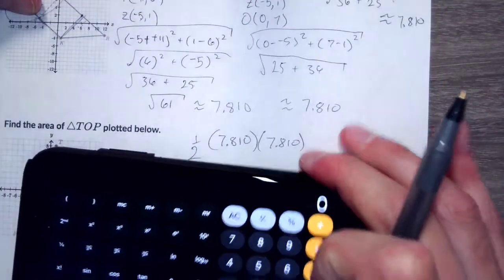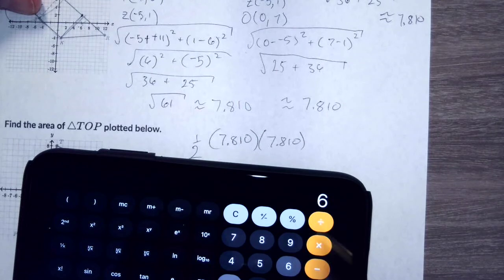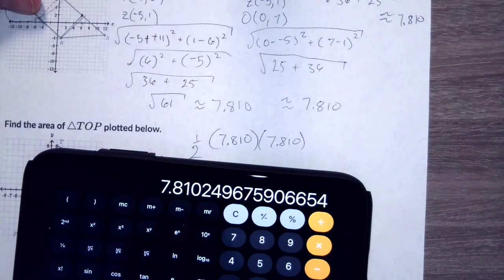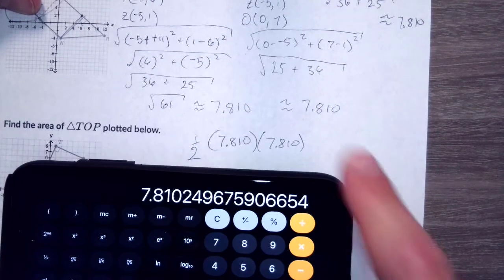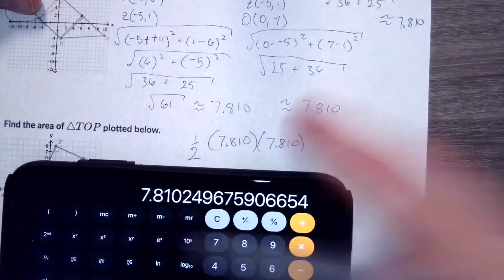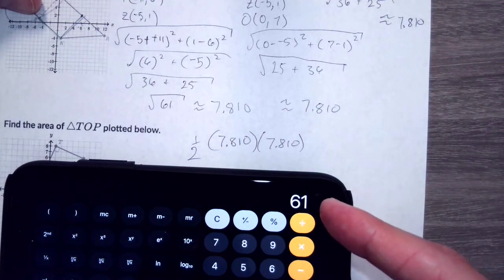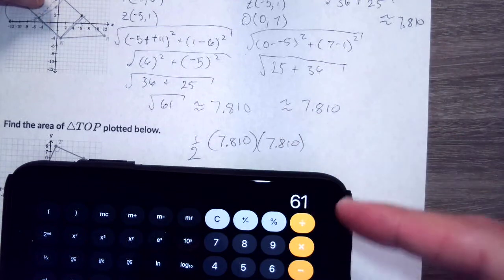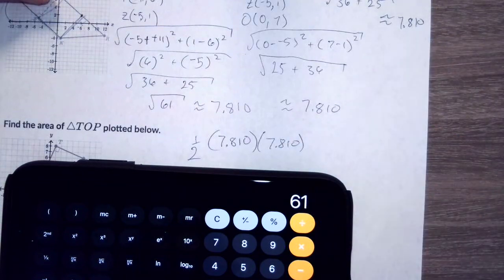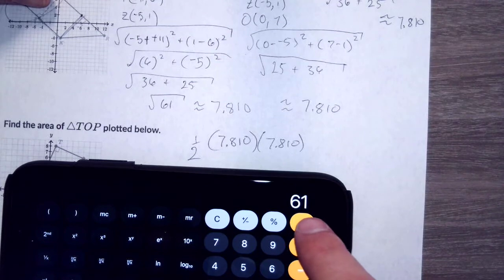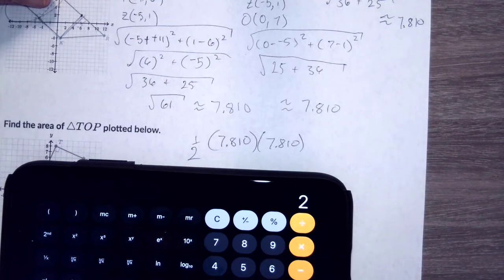Actually, I'm not going to round. So we had the square root of 61 without rounding. I would do this times itself, so I can actually just square it, which takes it back to 61. If you rounded, you'll get something very close to that, but not exactly. And then divide by 2.